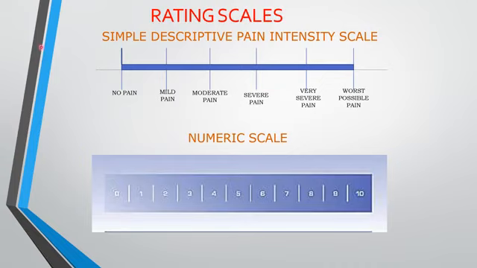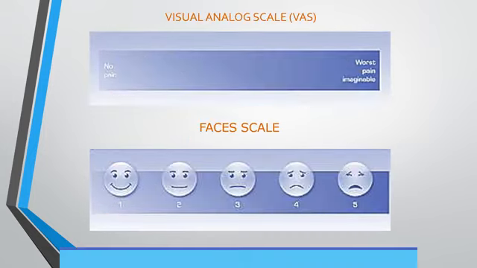So there are various rating scales present, like the simple descriptive pain intensity scale, that is from no pain to worst pain, and the numerical scale, that is the intensity of pain is explained by taking numbers from 0 to 10, that is no pain to severe pain. And the visual analog scale, that is again no pain to worst pain imaginable.